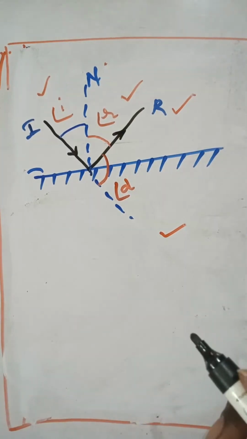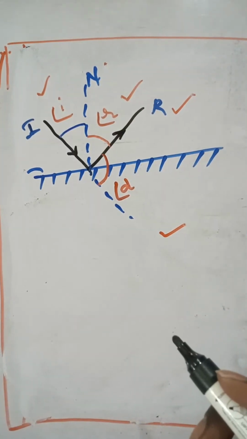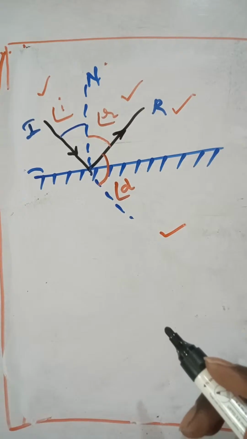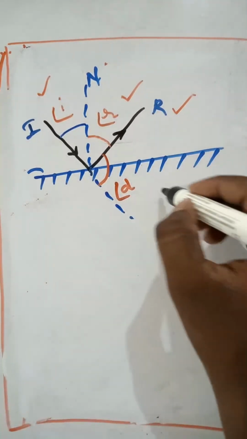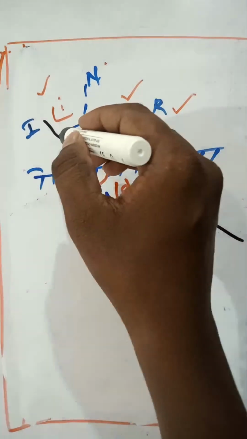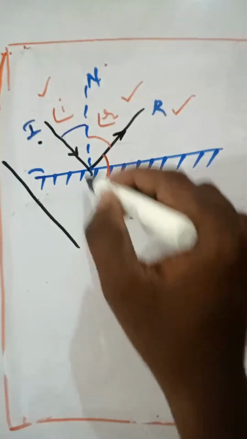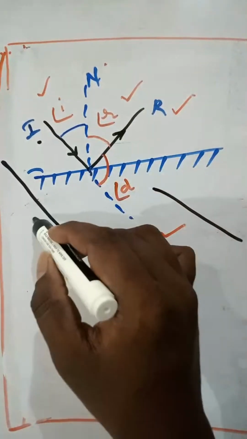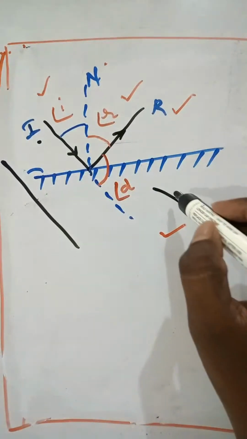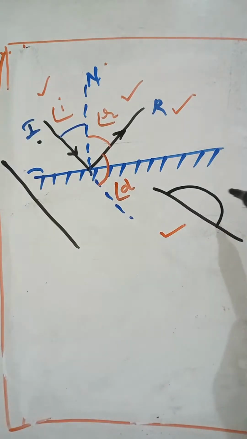Now, here you can understand one thing. If you take this angle, the complete line appears like this. So how much is this angle? 180 degrees. This is a linear angle, 180 degrees.